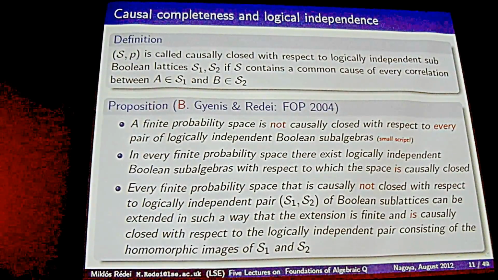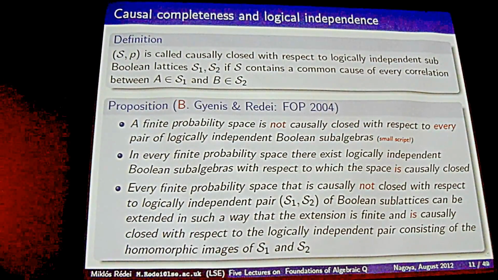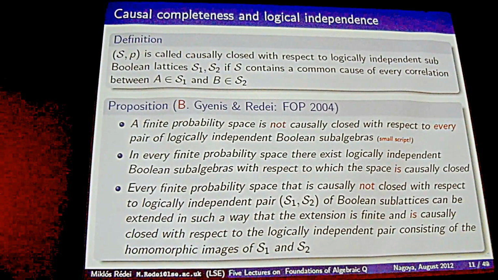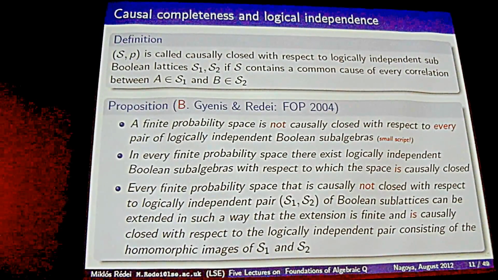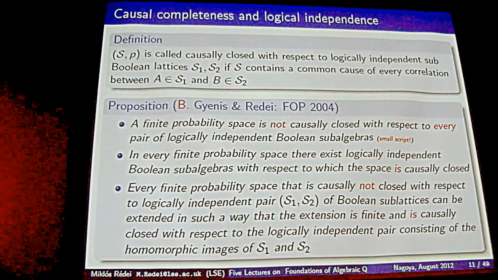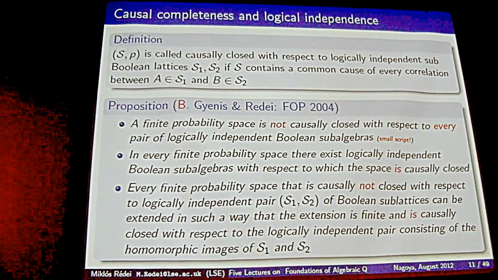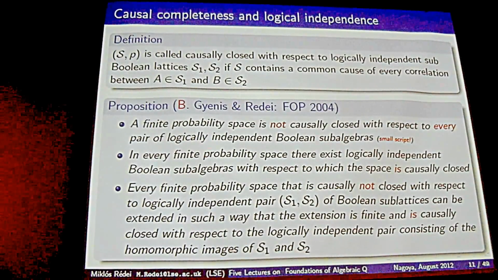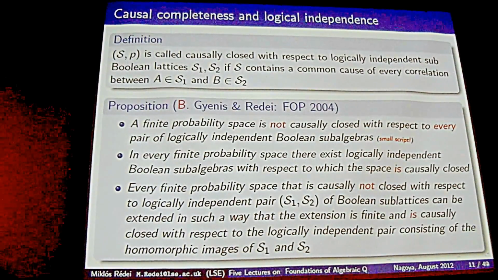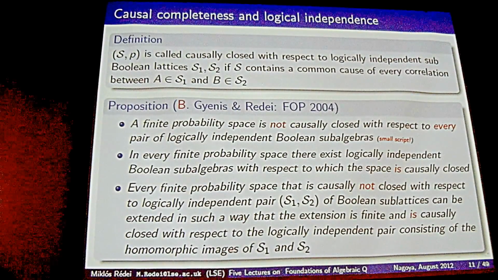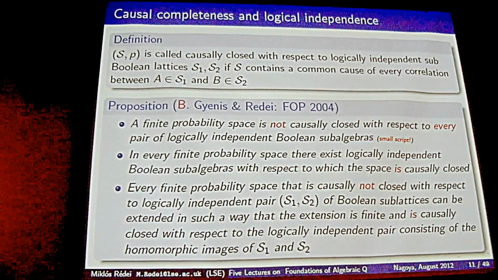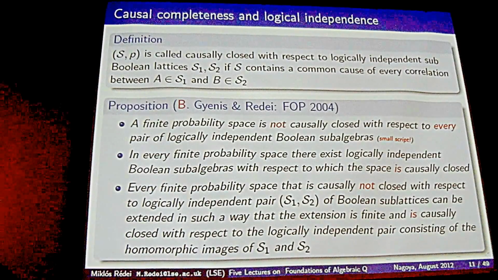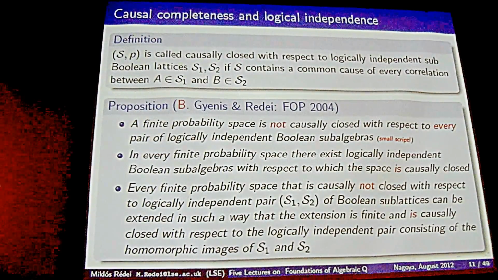It's a very natural idea to ask then, can it be the case that this probability theory is embedded into a larger one, such that the larger one already has a common cause of the correlation? By a larger one I mean a space with a Boolean algebra and a measure on it, such that there is a Boolean algebra embedding of the small space into the large one which preserves the probabilities.